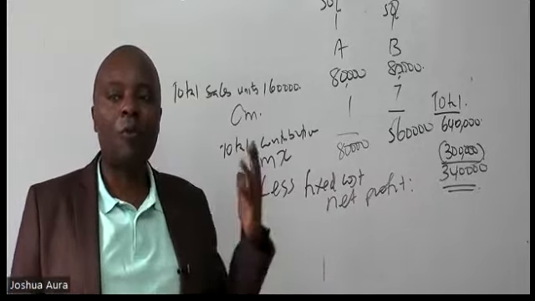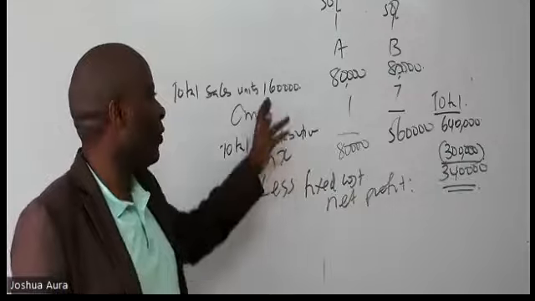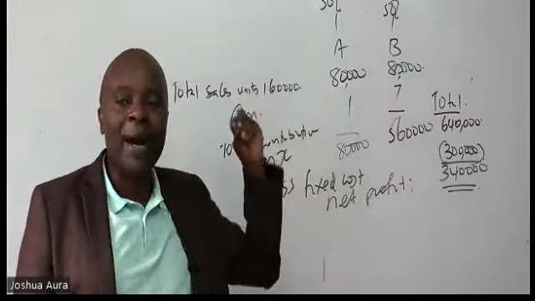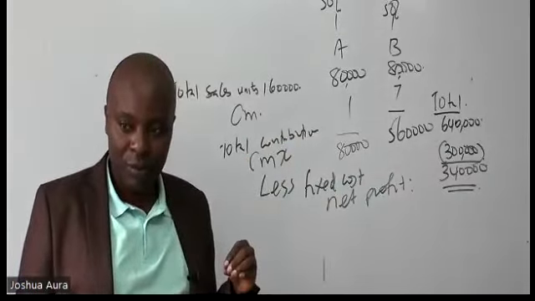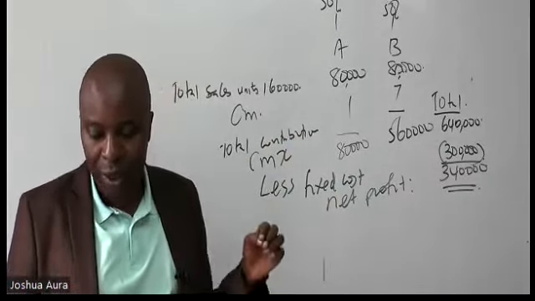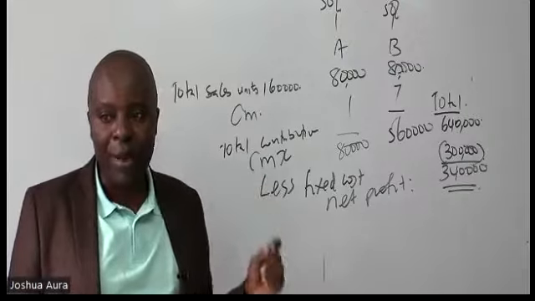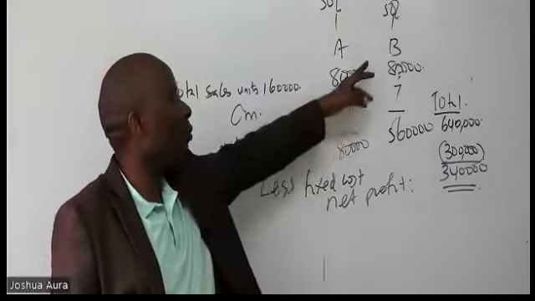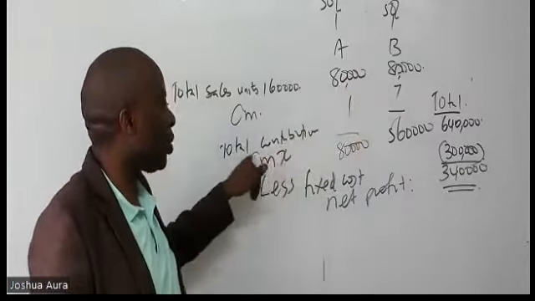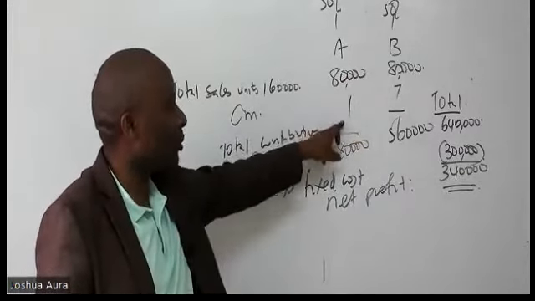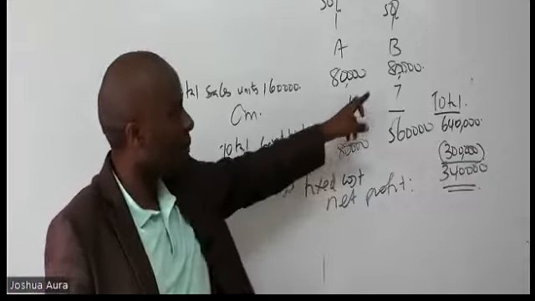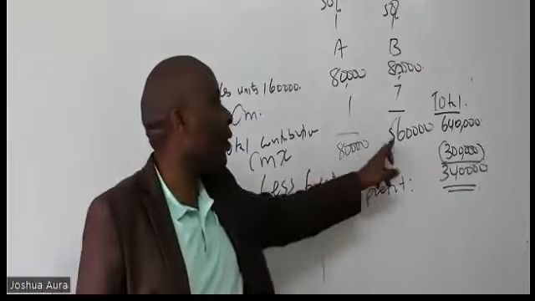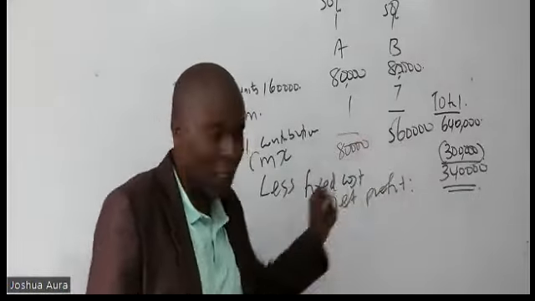Equal. So 50%, 50%. So 50% of this gave me 80,000, 80,000. The contribution margins will not change. Those ones will remain the same. Contribution margin for A is 1, for B is 7. So I was able to get the total contribution by taking this times contribution margin. This gave me 560. Then I added the two, which gave me 640,000.